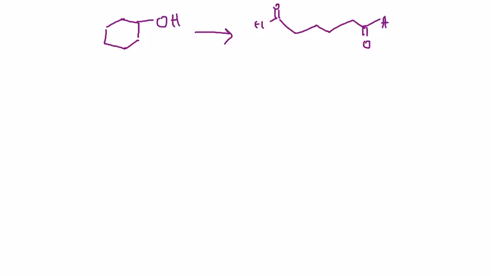I have an alcohol, and it's giving me a dialdehyde. So, what are some of the ways that you know that you could get a dialdehyde? Well, and this is my advice to you for both organic 1 and 2, whenever you see a diketone or dialdehyde, so 2 carbonyls within the same group, it's a good idea to think about it as if the snake was biting its tail and now is in its open form, so it's wriggling around.